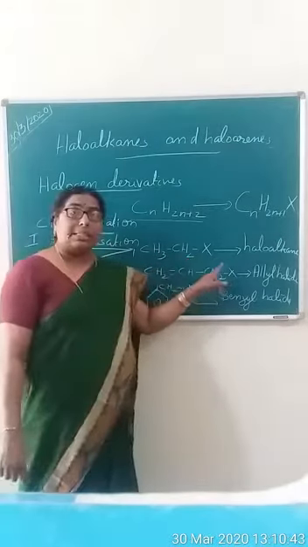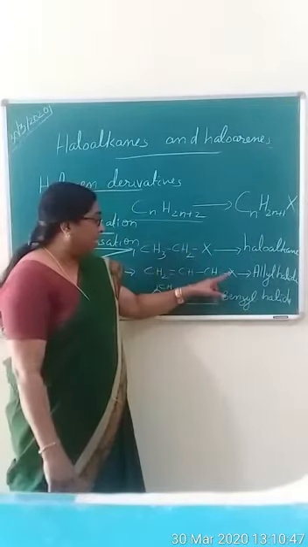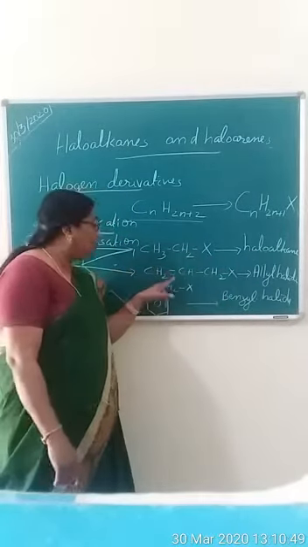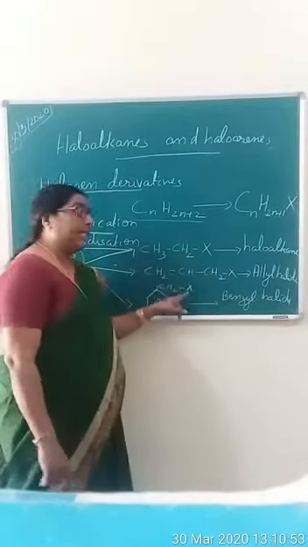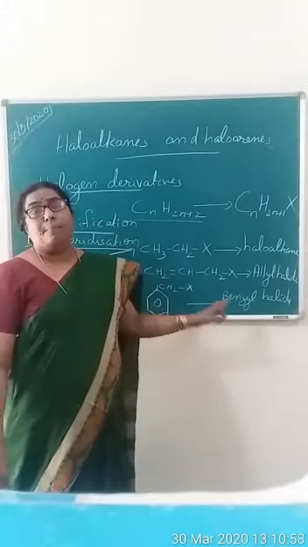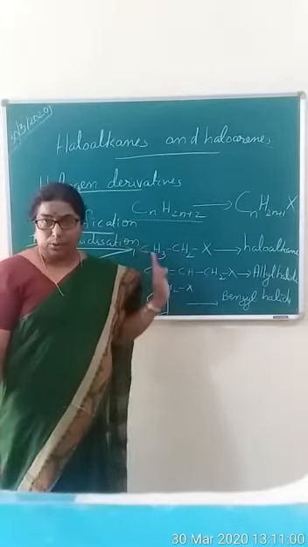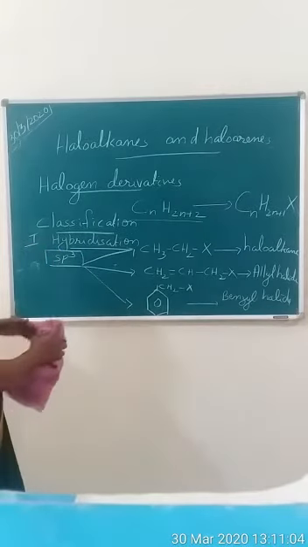If the halogen atom is directly attached to sp3, it is called haloalkane. If it is attached to sp3 adjacent to a double bonded carbon, it is called allyl halide, and if it is attached to sp3 adjacent to a benzene ring, it is termed as benzyl halide.